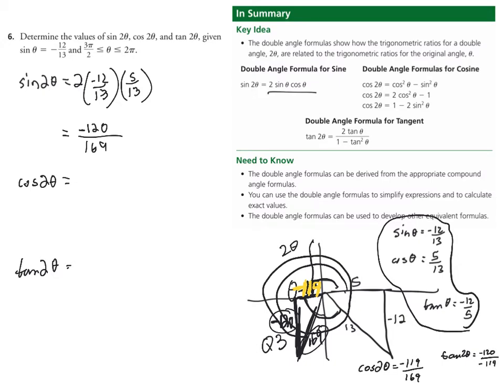The negatives can cancel, so 120 over 119. Again, not stuff we're asking you to do, but I might as well be as thorough as I can so you guys get the best education out of this.